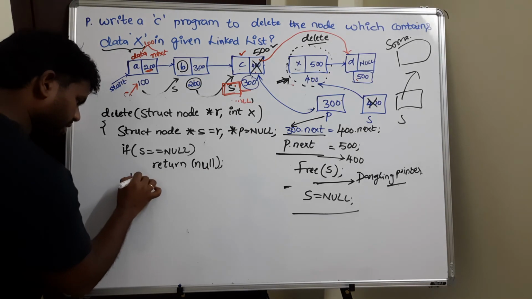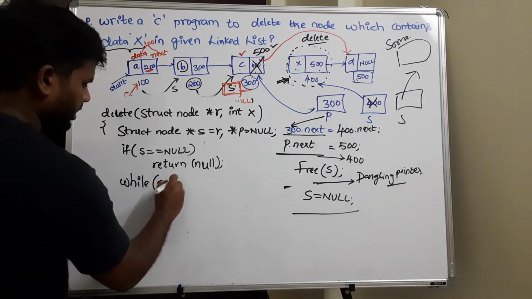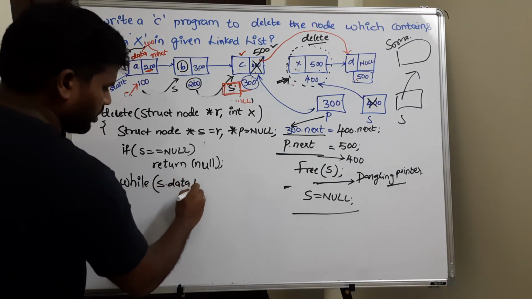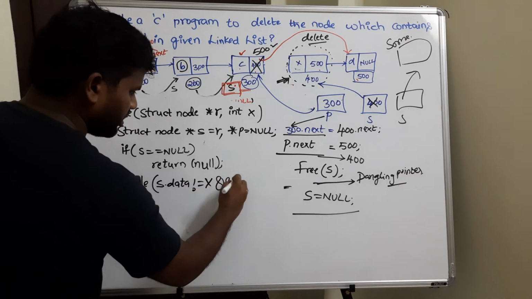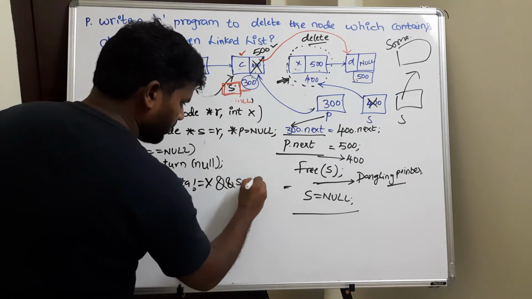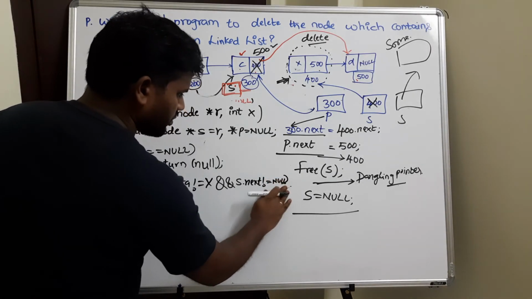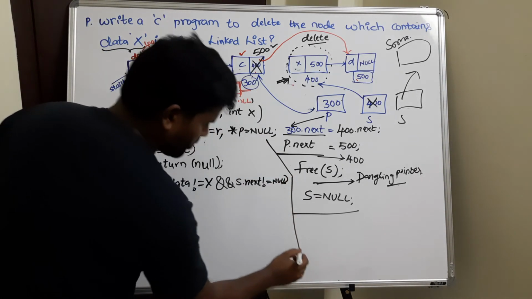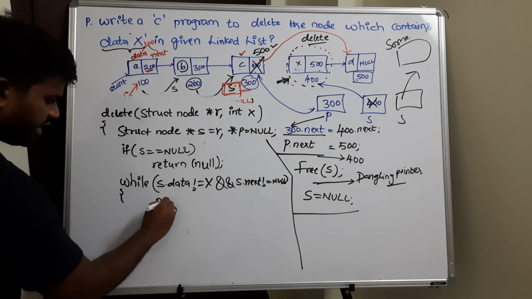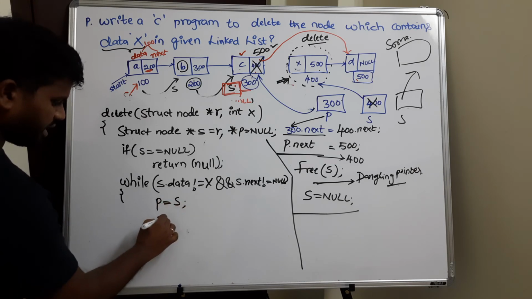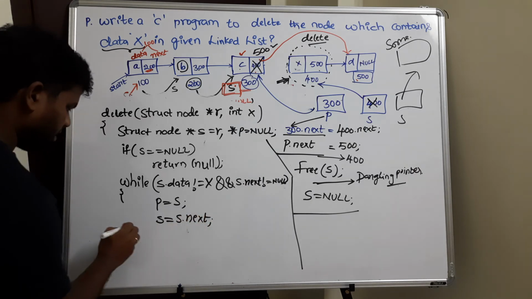If it is not equal to null, then we have discussed two conditions, right? That is s dot data not equal to x, and s dot next not equal to null. So here, p equal to s, and s equal to s dot next. I am moving forward.